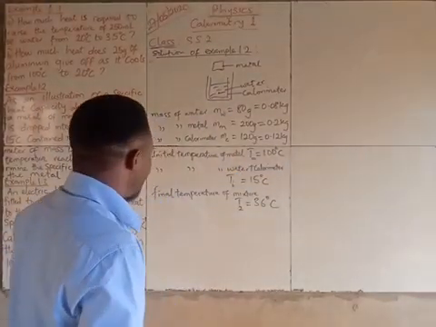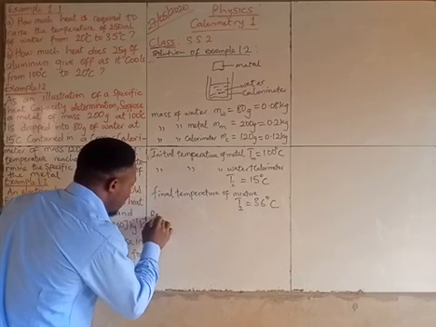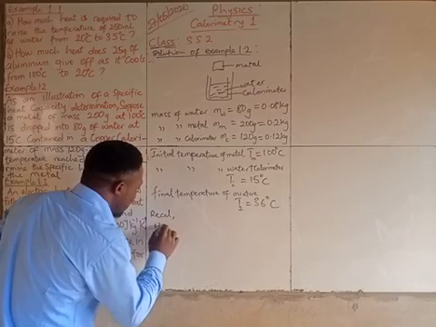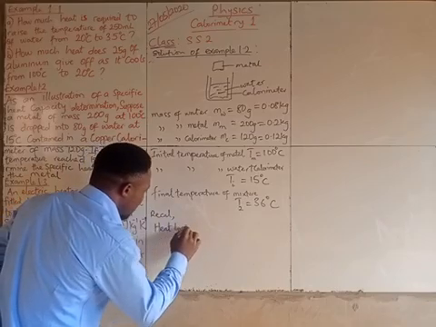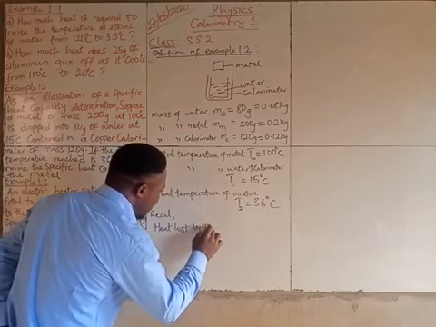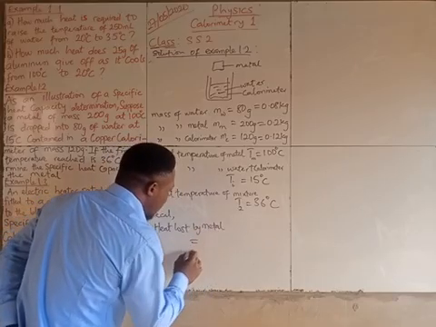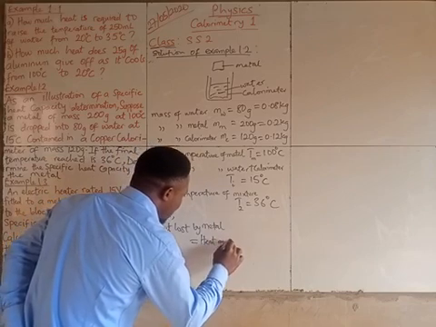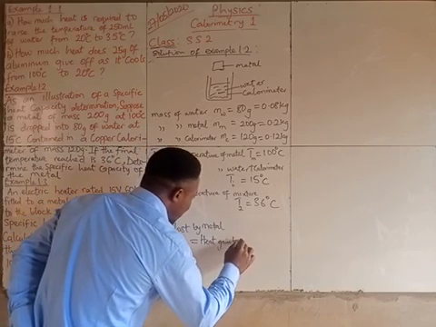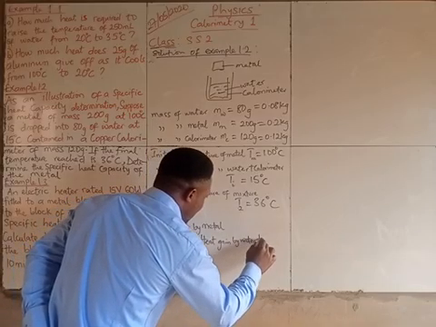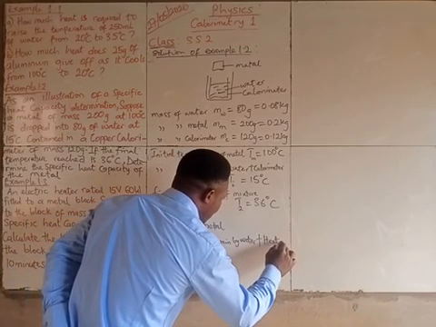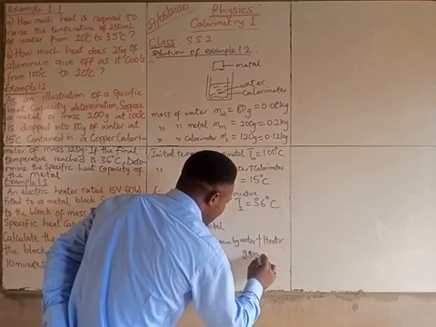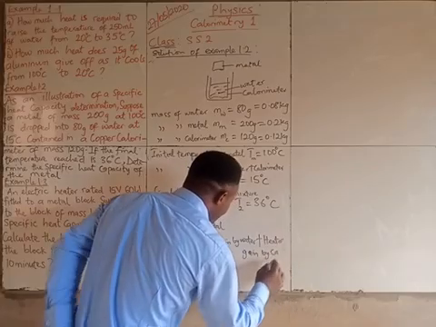And we can recall the calorimetry law: heat lost by metal will be equal to heat gain by water plus heat gain by calorimeter.